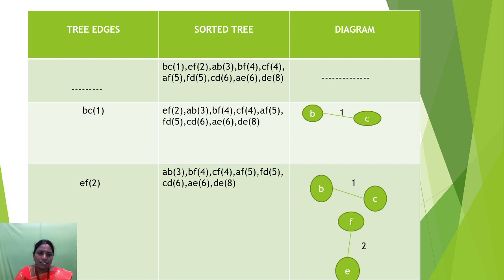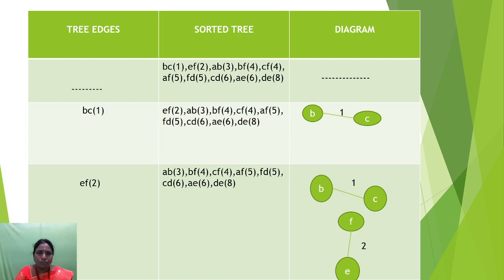Okay, this is the next step. From the sorted tree, the second column, I choose the minimum value BC, whose weightage is 1, and it comes to the tree edges in the second row of the first column. Look here, BC 1 comes to the left, because I choose the lesser weightage value for the tree edges.